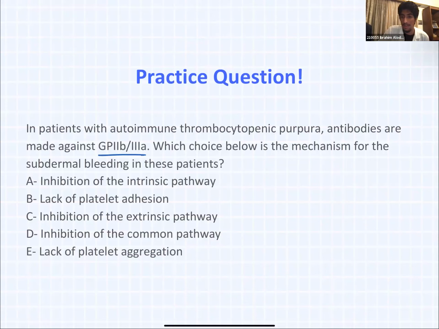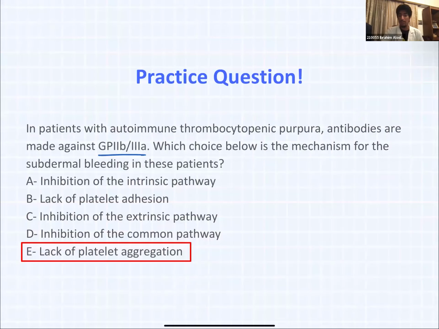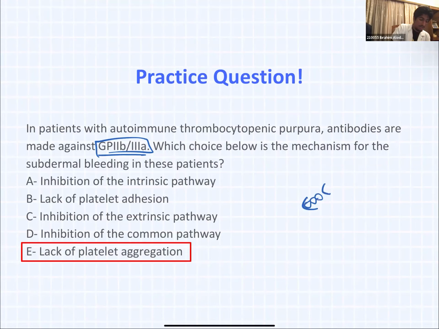Any other? Okay, A, E. So lack of platelet aggregation, or E, is the answer. All right. So what does this mean? GP2B3A is responsible, remember, let me redraw that picture for you guys.